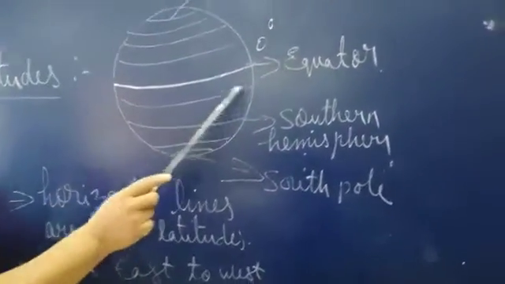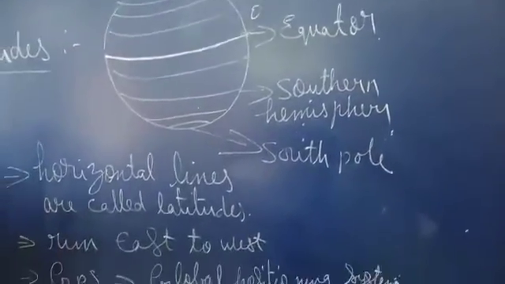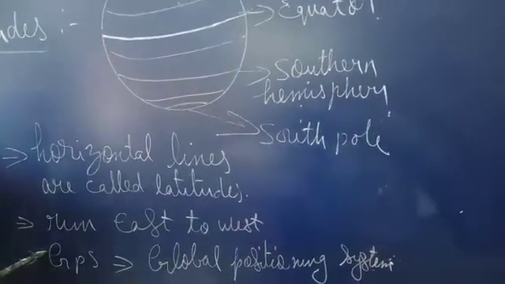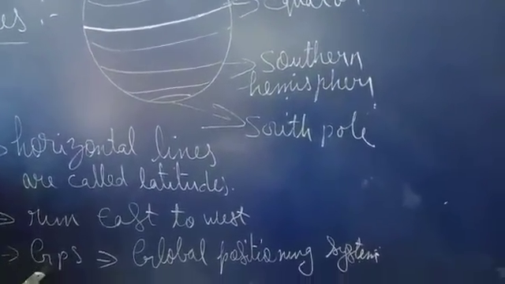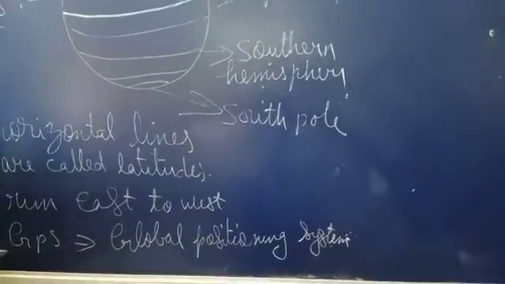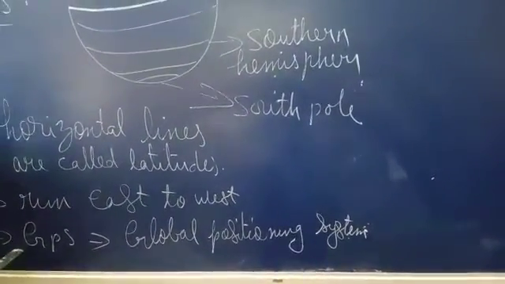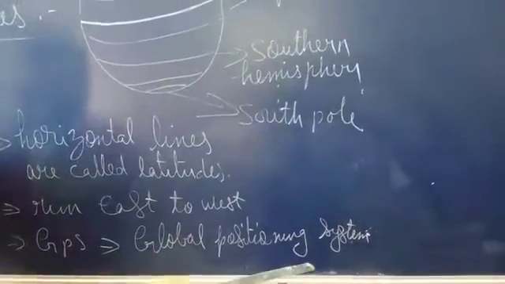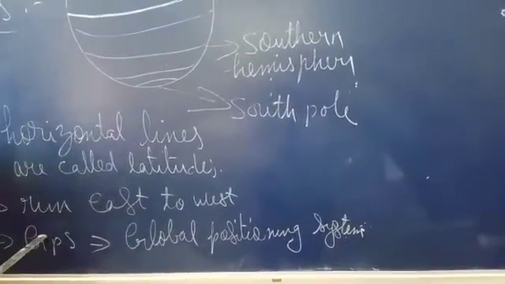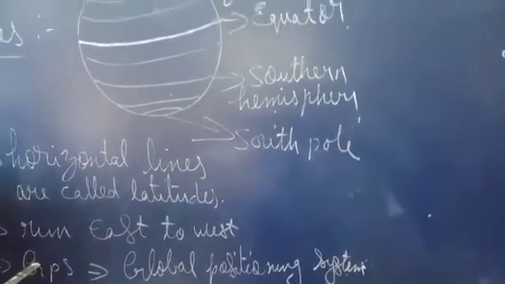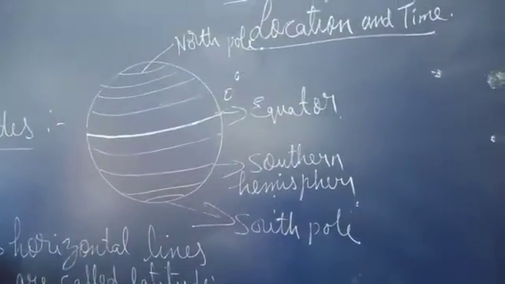And these horizontal lines are called latitudes and they run from east to west. You are familiar with this word GPS, that is Global Positioning System. This is found in your mobile, through which you can identify the places.